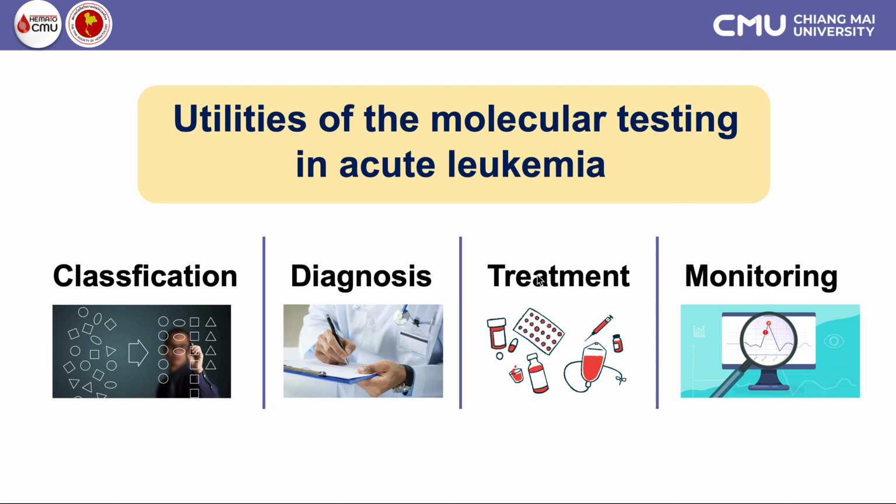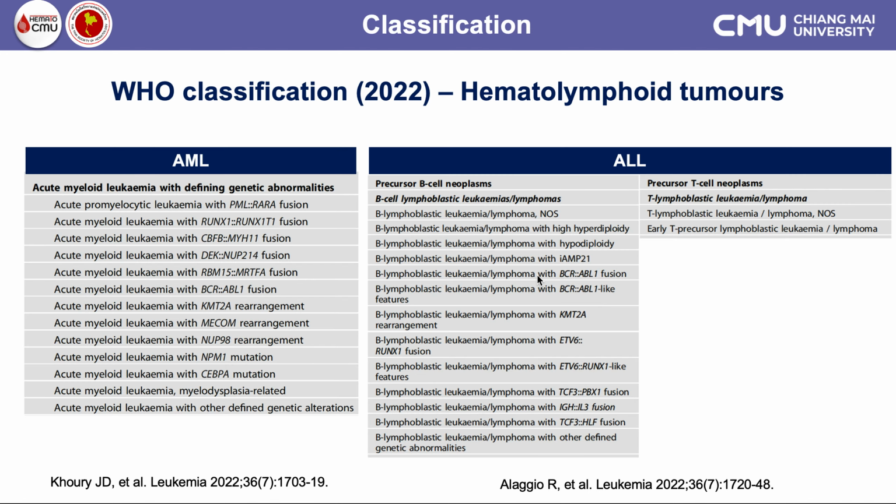Molecular testing is also useful for disease classification, diagnosis, treatment planning, and monitoring strategies in acute leukemia. Regarding classification, the recently updated WHO 2022 classification of hematolymphoid tumors emphasized the importance of defining genetic abnormalities in both AML and ALL.